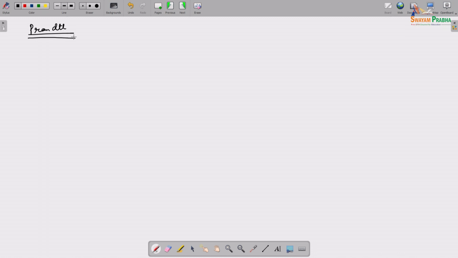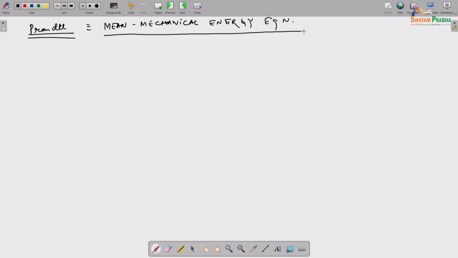So, therefore, Ludwig Prandtl suggested something called a mean mechanical energy equation. So, what he suggested is to form a mean mechanical energy equation.